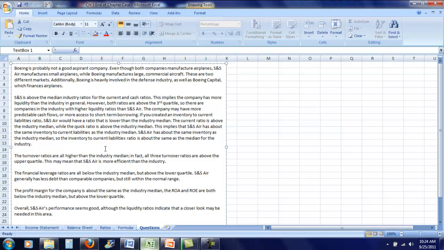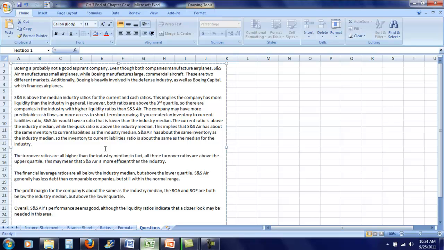Okay, so SS Air is above the median industry ratios for the current and cash ratio. This implies the company has more liquidity than the industry in general. However, both ratios are below the third quartile, so there are companies in the industry with higher liquidity ratios than SS Air. The company may have more predictable cash flow or more access to short-term borrowing because of this.